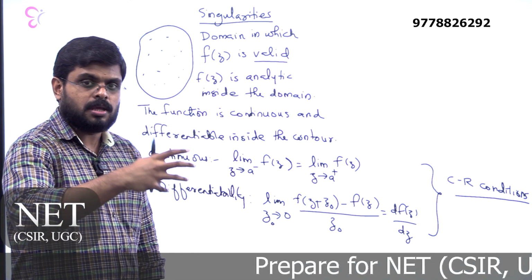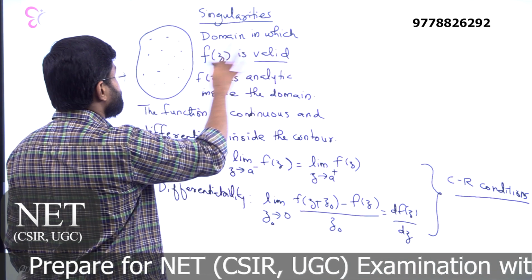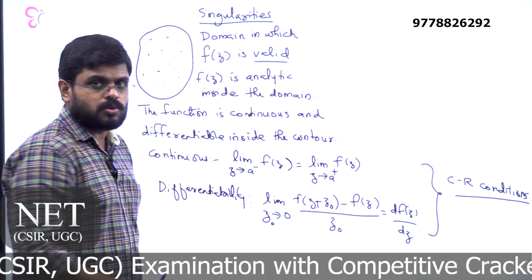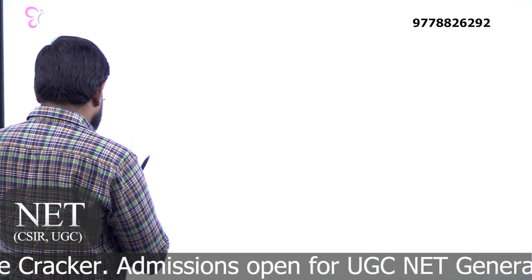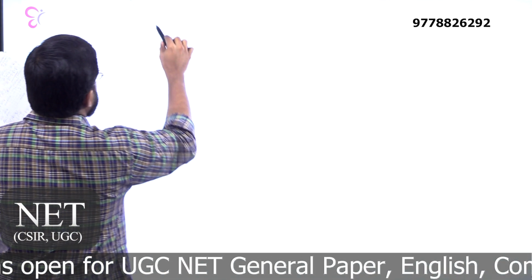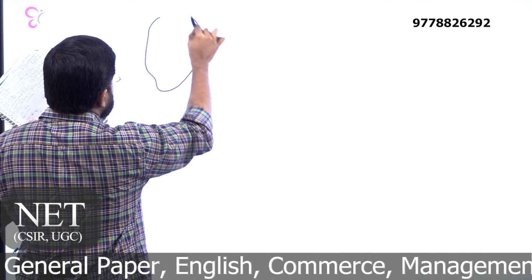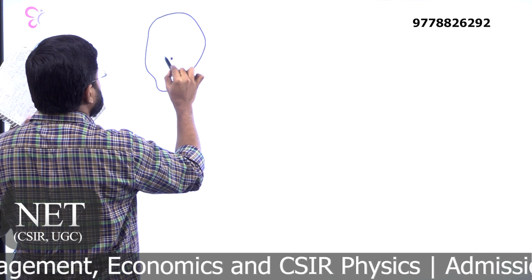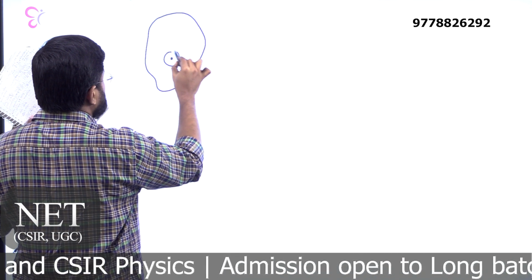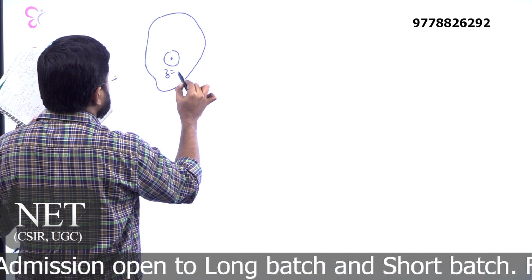So that is the meaning of the function being valid inside a contour. Clear? If that is the case, see, I have a contour like this, and I have a particular point, some z equal to a.